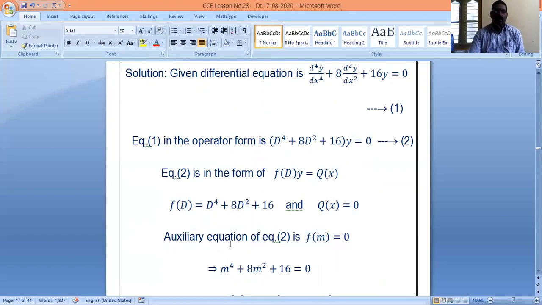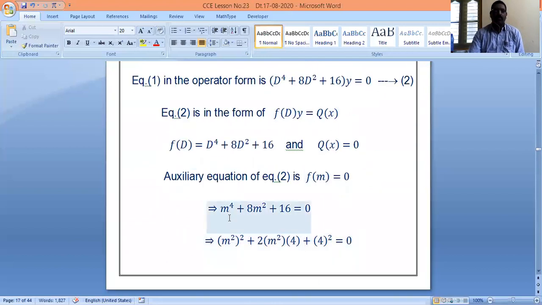The auxiliary equation of equation 2 is f of m is equal to 0. That implies m power 4 plus 8m square plus 16 is equal to 0. Now this equation can be written as (m square) whole square plus 2 into m square into 4 plus 4 square is equal to 0. This equation is in the form of a square plus 2ab plus b square.